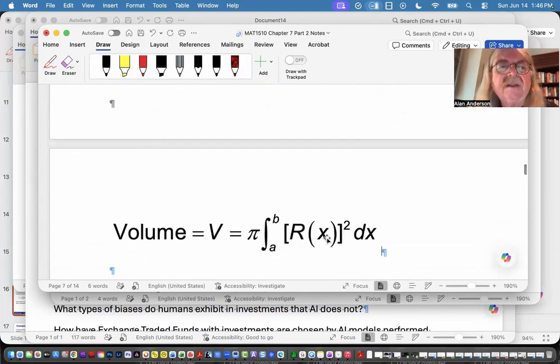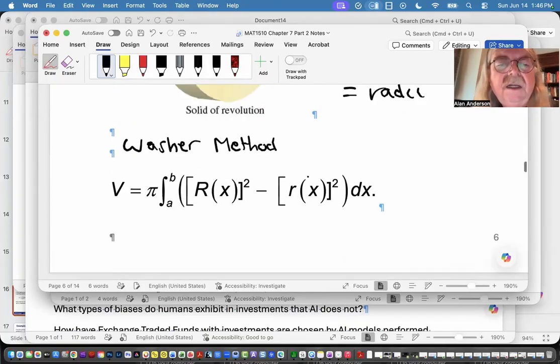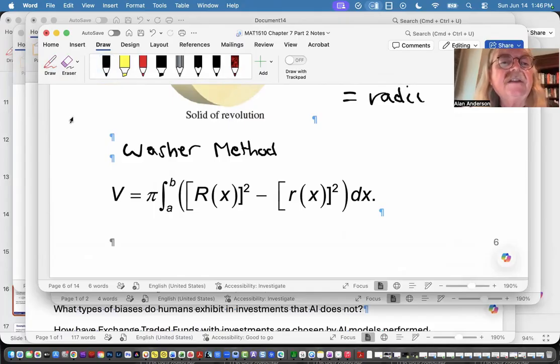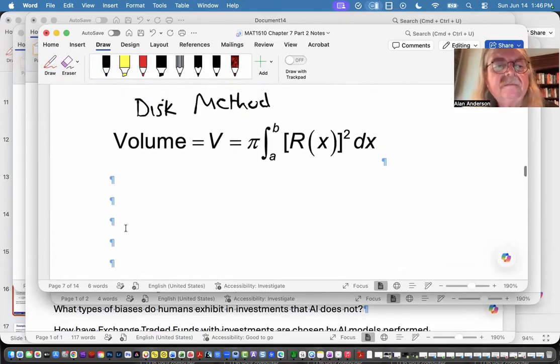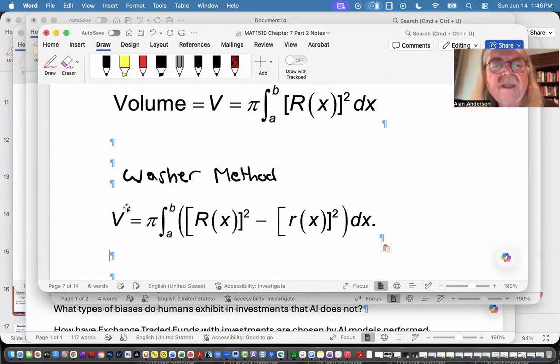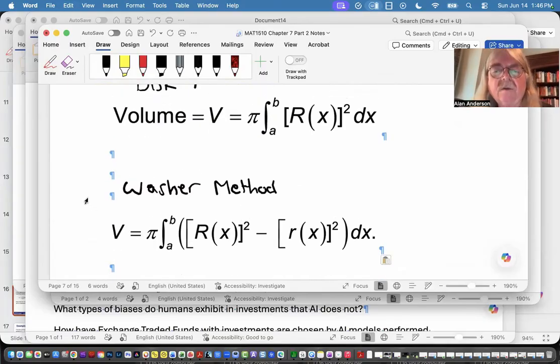This is the disk method. And all right, I'll tell you what, just so you can see them all at once, I'll copy this down here. And you can see there's literally only one difference, and that's right here.